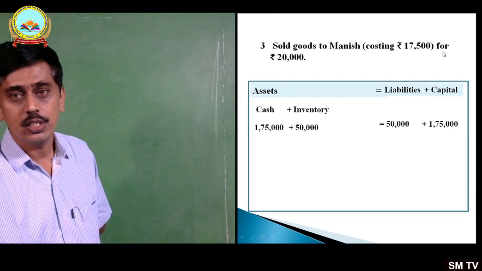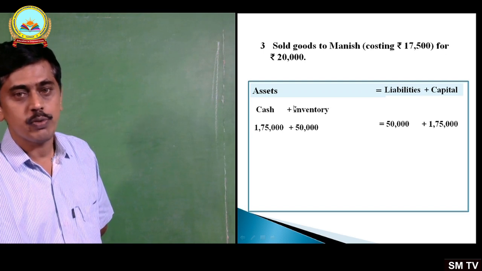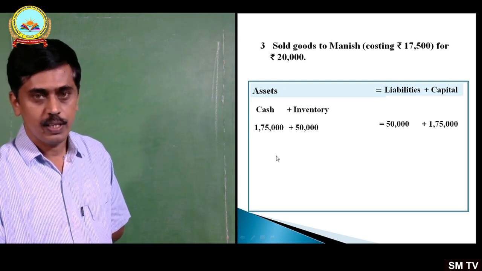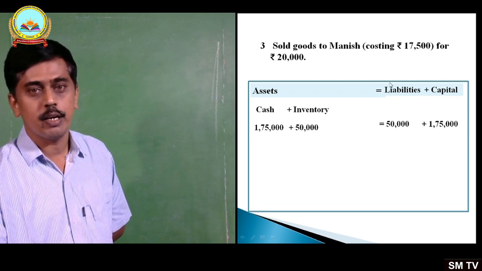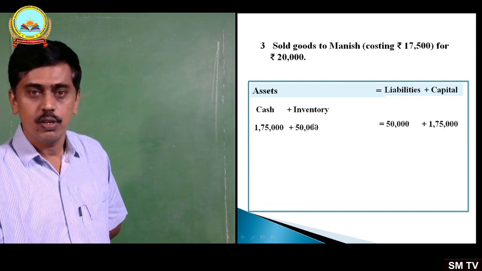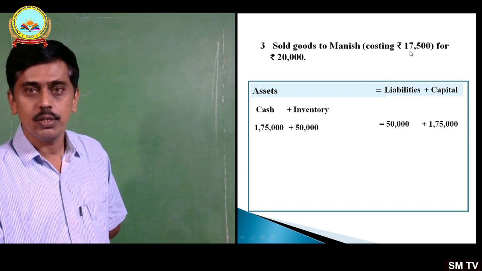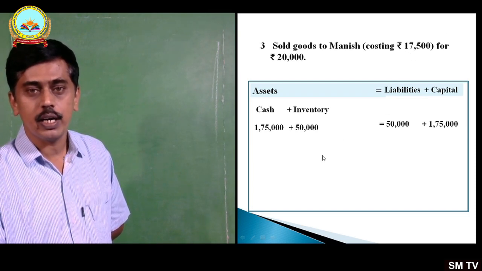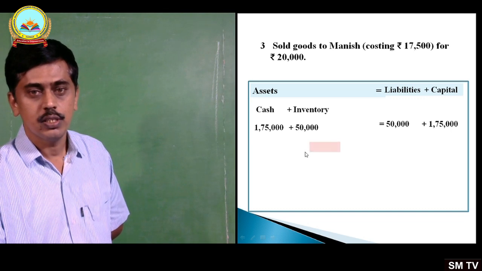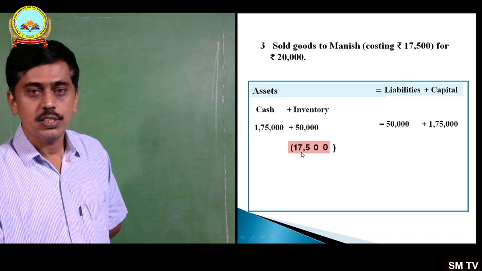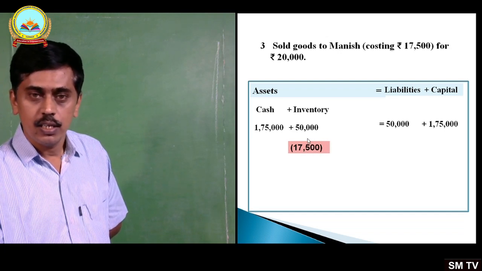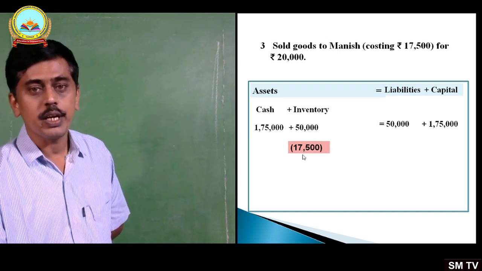Sold goods to Manish for rupees 20,000. Now what happens? Let us see. Sold goods to Manish costing rupees 17,500 means from the goods 50,000 we are going to give 17,500 to Manish, isn't it? Write it in bracket, because 17,500 of goods is to be reduced here.